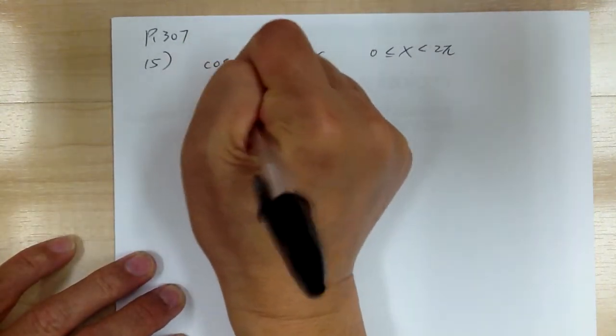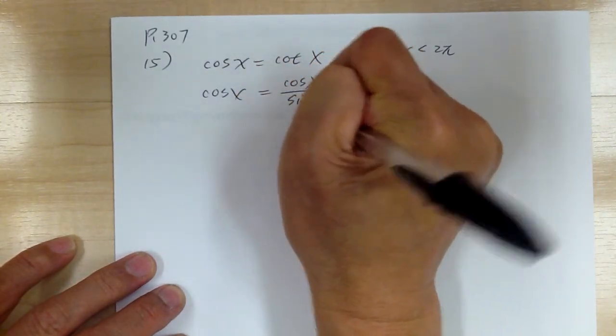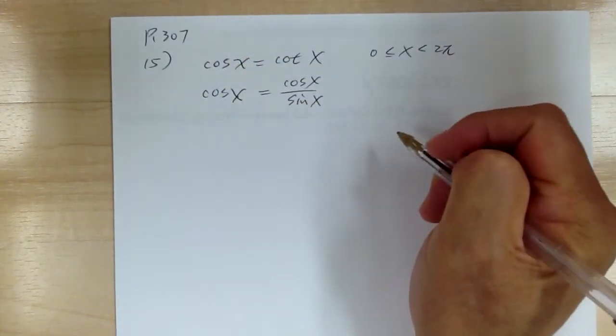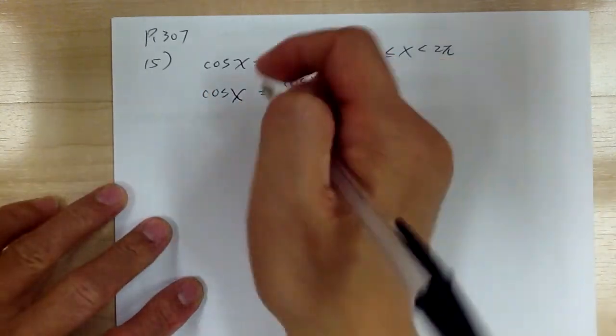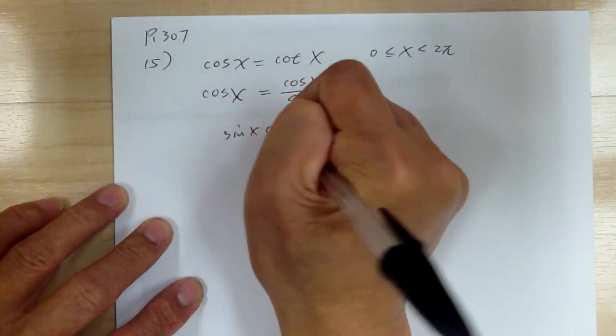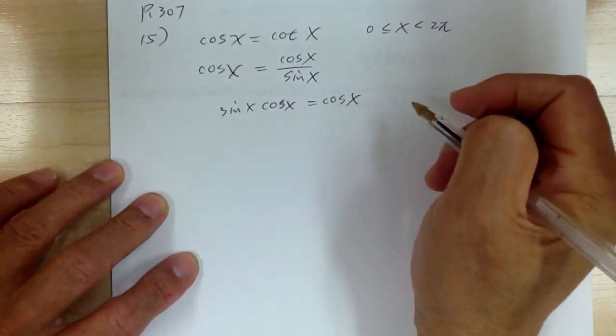So you're going to get cosine x equal to cosine x over sine x. And then from here, you can cross multiply. So you're going to get sine x cosine x equal to cosine x.